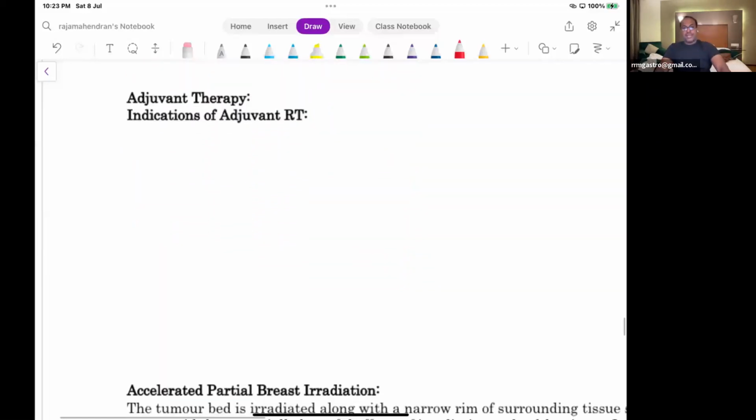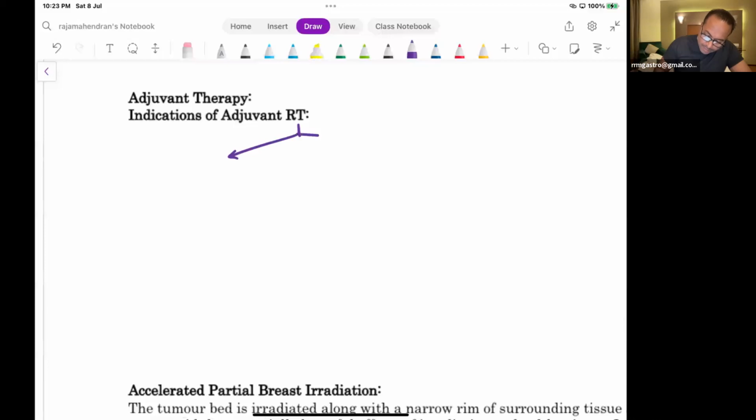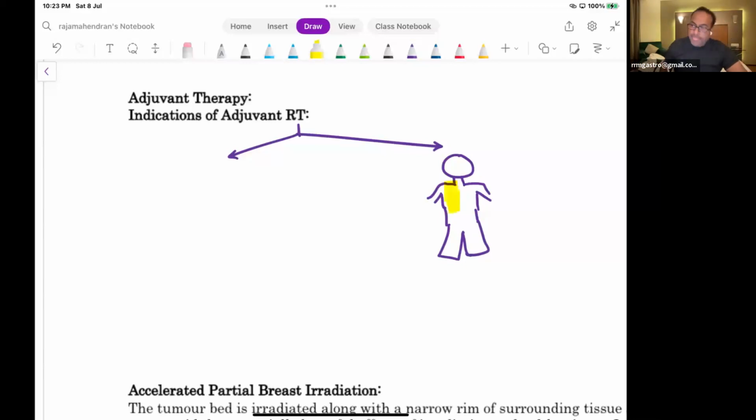So now surgery is done. As some of you were discussing, surgery is completed. Patient is now going to receive adjuvant radiotherapy. Very important point: for which area should I always give radiotherapy? Always to the chest wall, because I have not removed the pectoralis major.